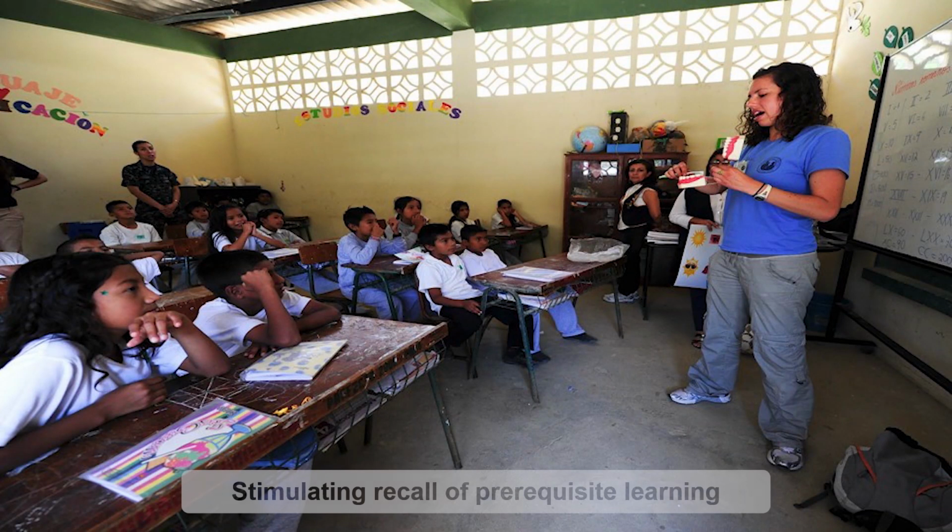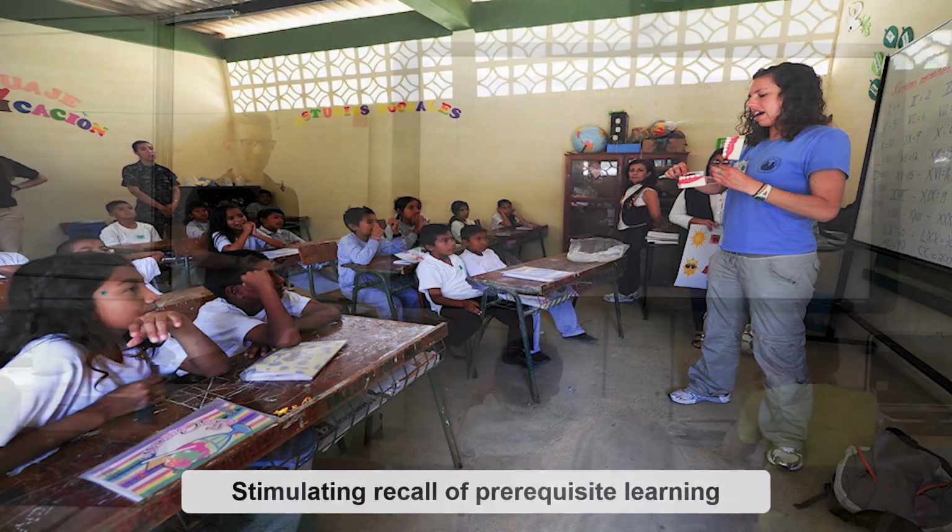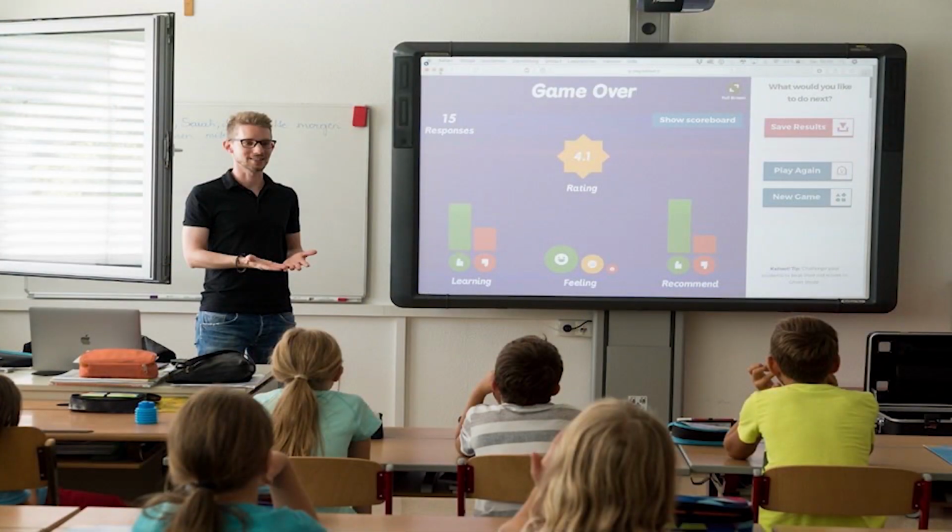Then comes stimulating recall of prerequisite learning. This is the main thing that we do whether we teach in a class or in self-learning material. In the introductory part, you can see that we are trying to recall what the learner already knows.